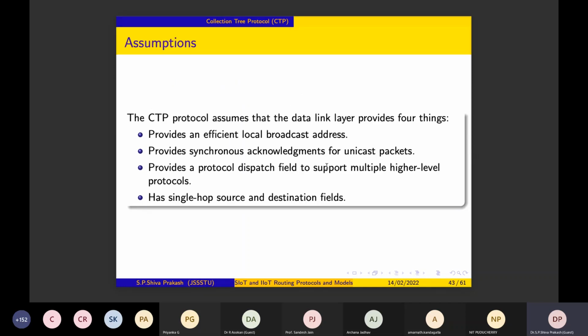There are certain assumptions made in CTP, which assumes that the data link layer provides four important things: an efficient local broadcast address, a synchronous acknowledgement for unicast packets, a protocol dispatch field to support multiple higher-level protocols, and single-hop source and destination fields.